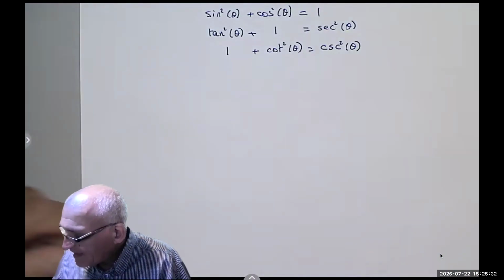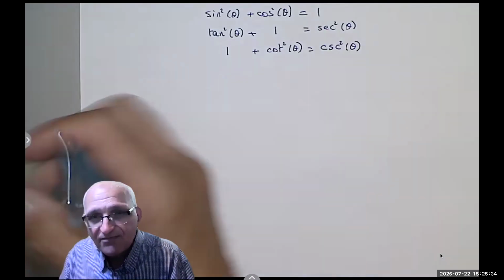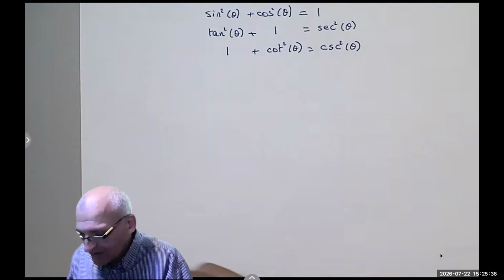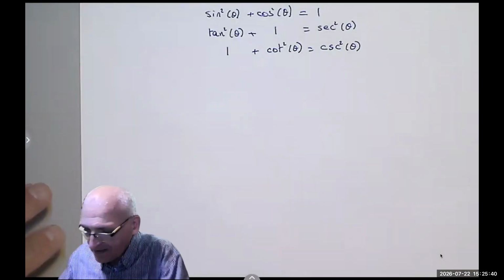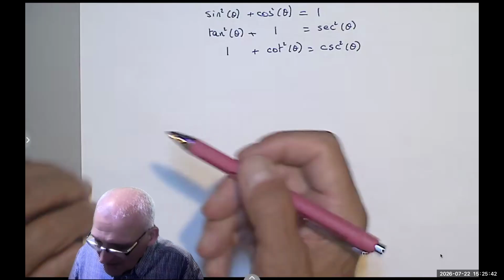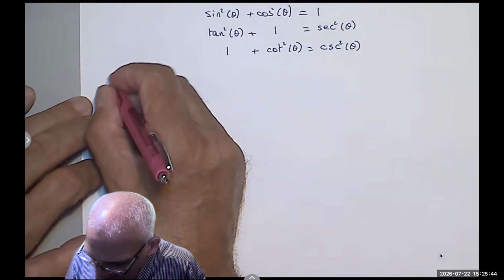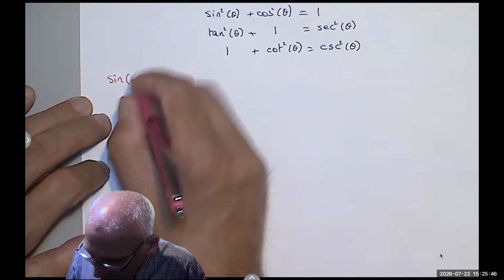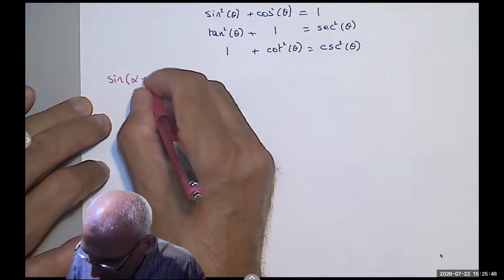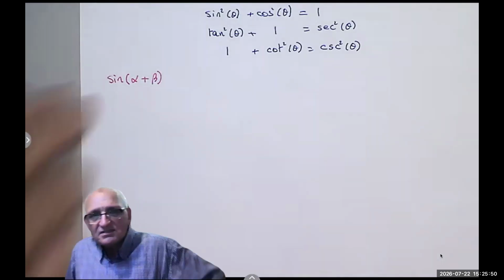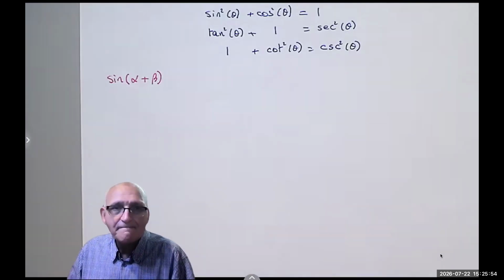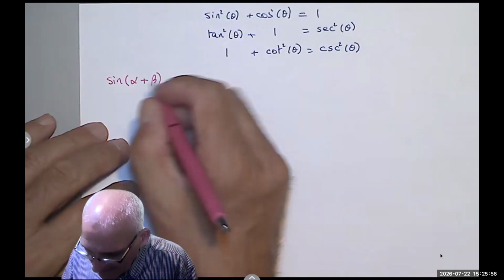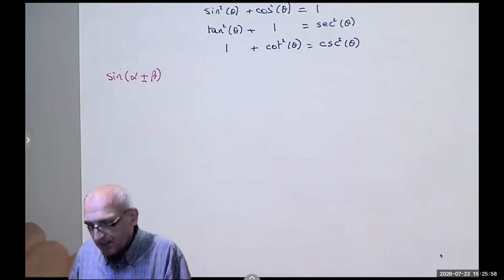Okay, now we also have two more rules that we need to talk about. They're not identities, but suppose I have sine of alpha plus or minus beta. Two angles, any two angles. You can say A and B if you don't like Greek letters, but it's the same thing. I'm going to say plus or minus. You will see why.